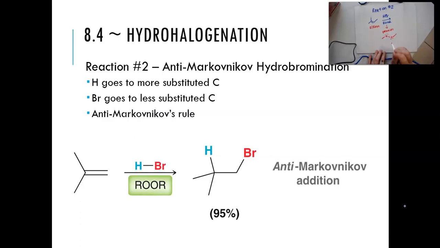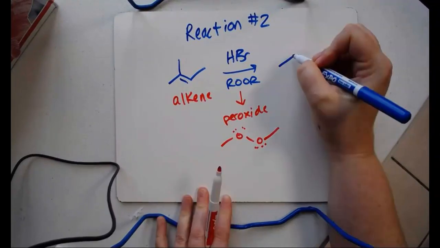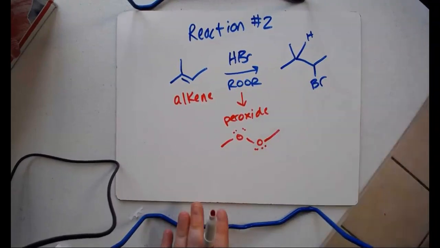An oxygen-oxygen single bond is not very stable. So what we're going to make from this is a bromoalkane.